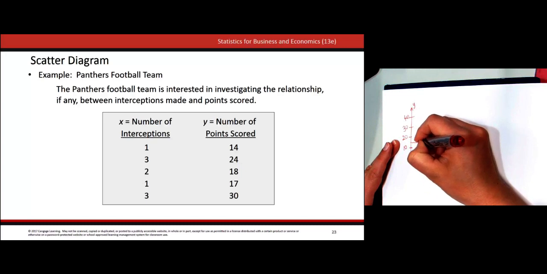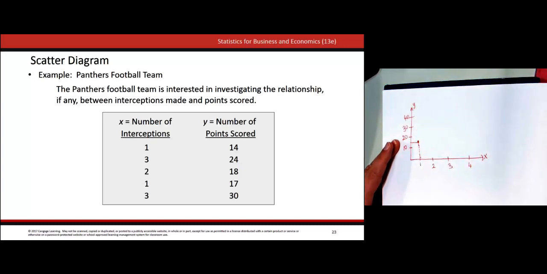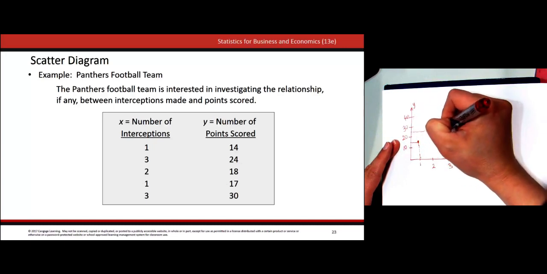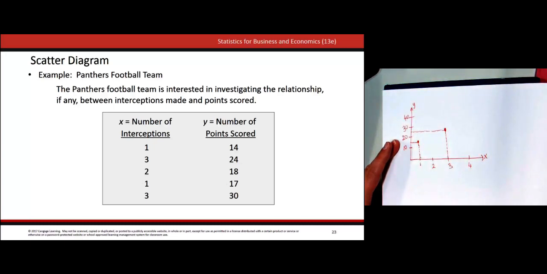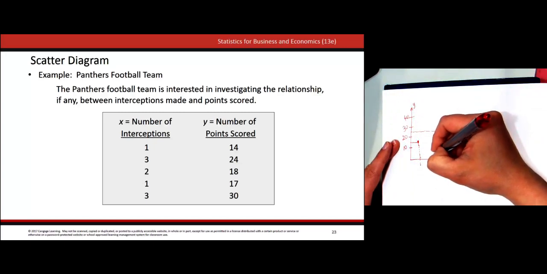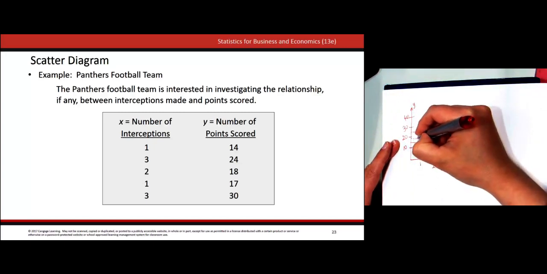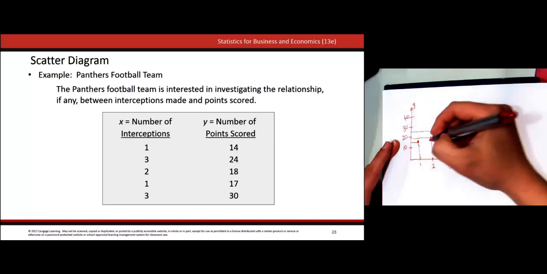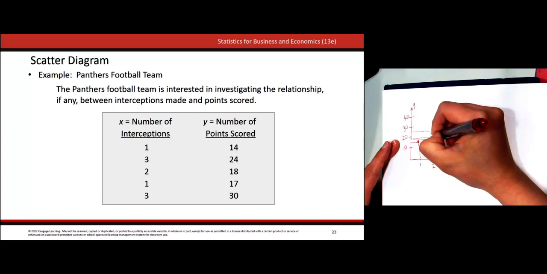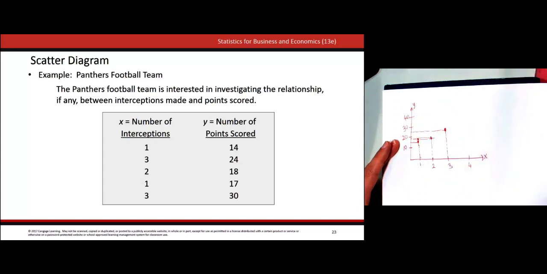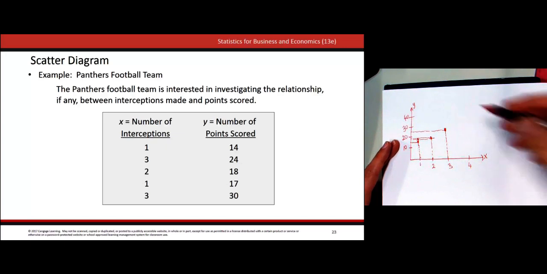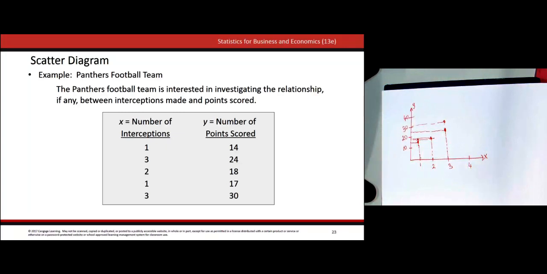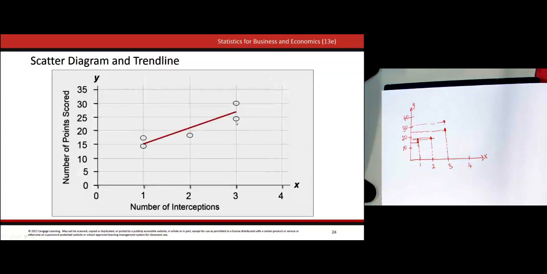It's approximately this point. x is 3, y is 24. x is 2, y is 18. And x is 1, y is 17. Approximately this point. x is 3, y is 30. This is the scatter diagram.